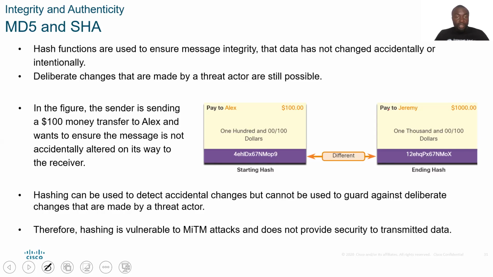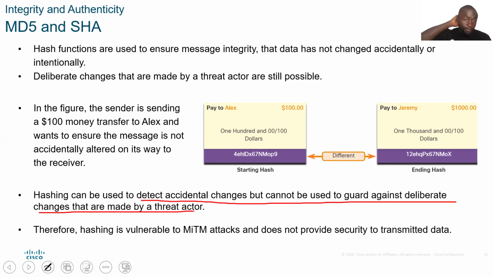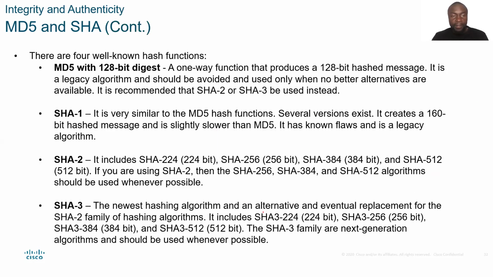So hashing can be used to detect accidental changes, but cannot be used to guard against deliberate changes made by the threat actor. Therefore, hashing is vulnerable to man-in-the-middle attack, and does not provide security for transmitted data.